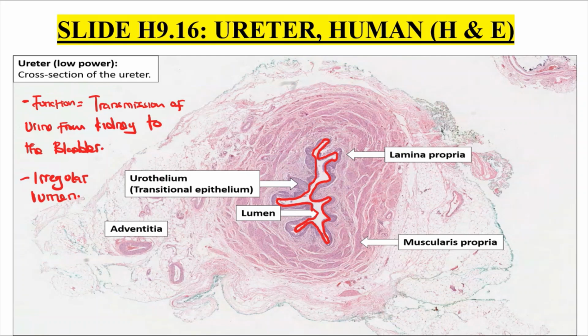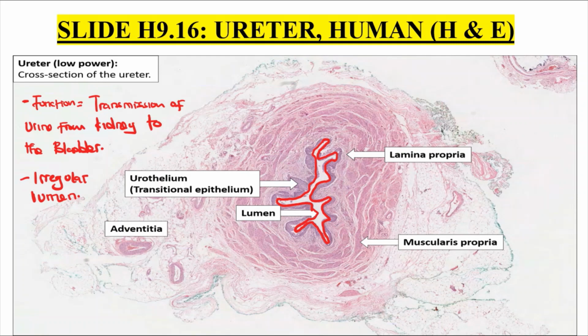Under the urothelium that rests on the basement membrane, there is the lamina propria. So this part here. The lamina propria is simply made of areolar connective tissue. Under the lamina propria, you've got the muscle layer, which is also known as the muscularis propria.